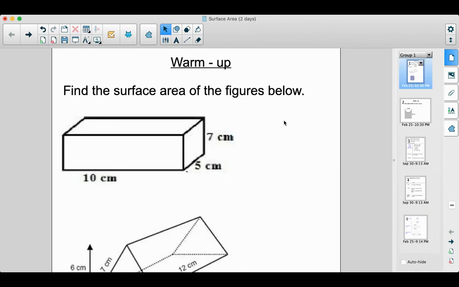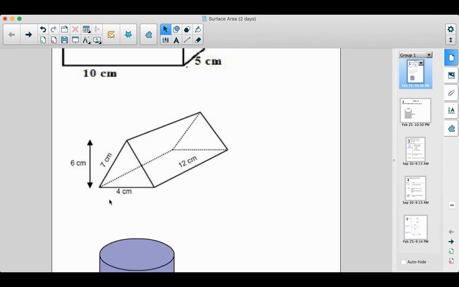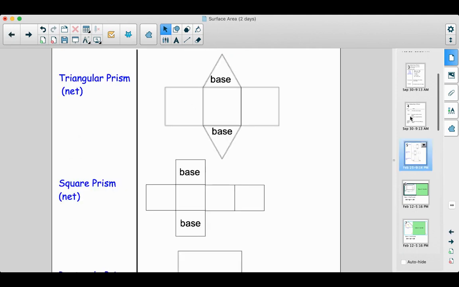If we go back here, you can see what it would look like unfolded. If you think about breaking this down into the sides, it's got a triangle at each end, and then it has three rectangles around the outside. So if you think about unfolding that into a net, you would get something that looks like this.